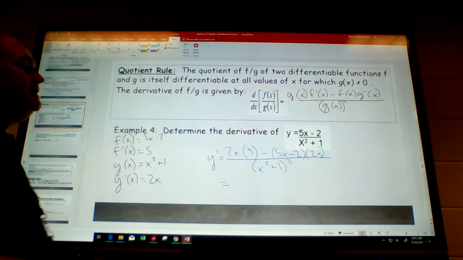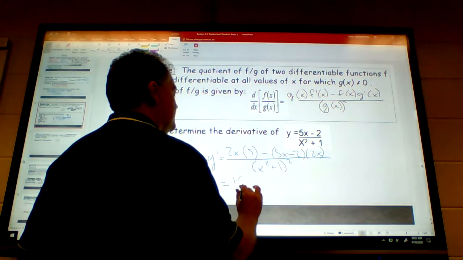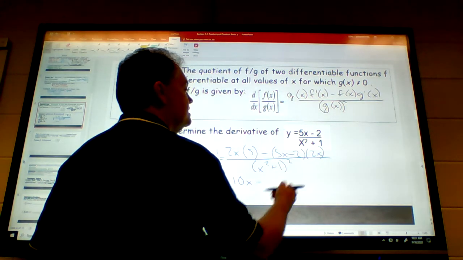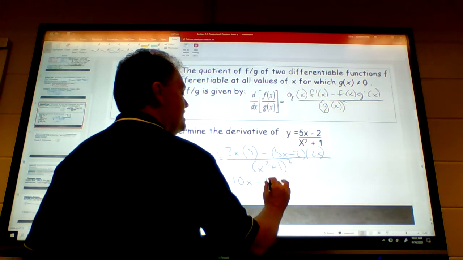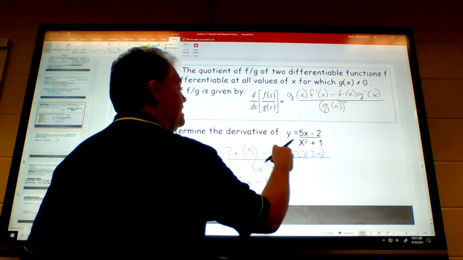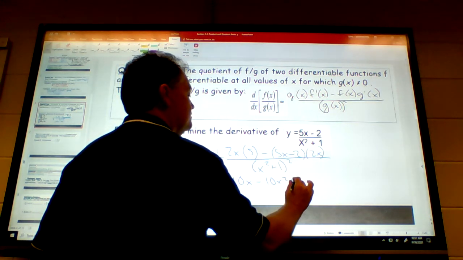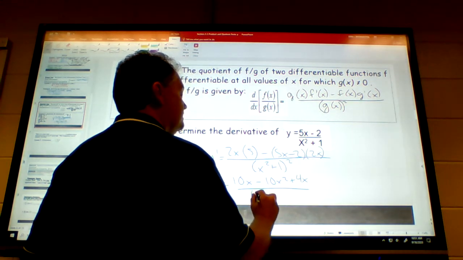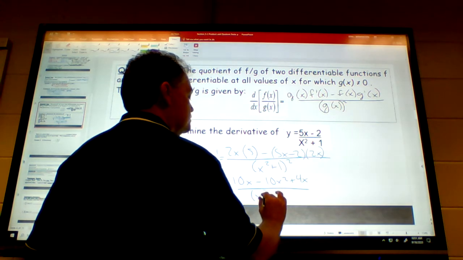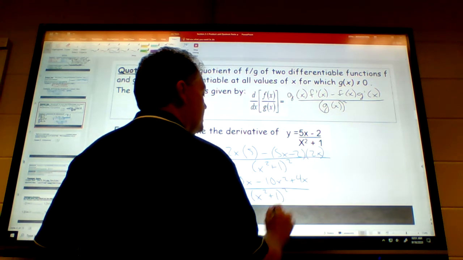All right, now that's going to give me 10. Now this right here is going to give me 10x minus, and then I distribute the 2x, so it's going to be 10x squared minus, makes that plus 4x, all over x squared plus 1 squared.